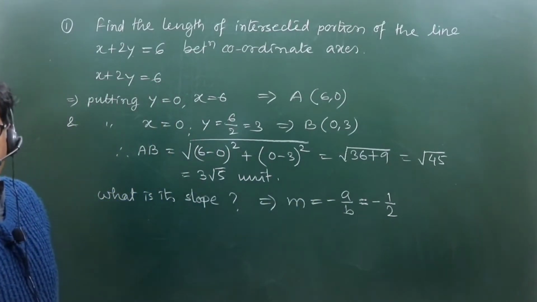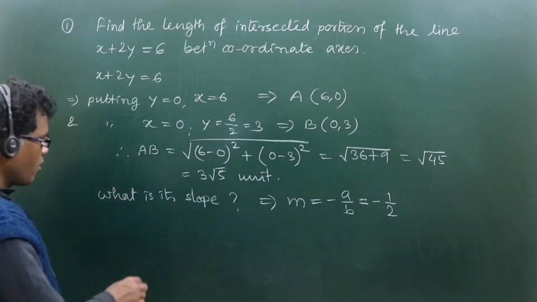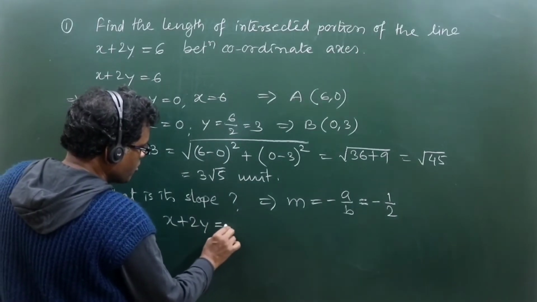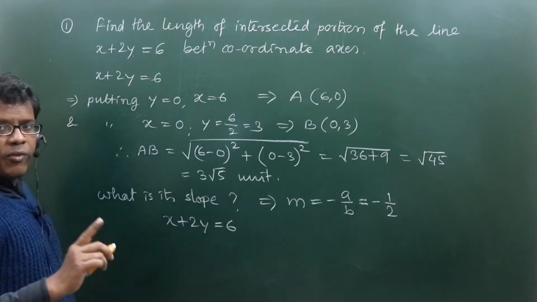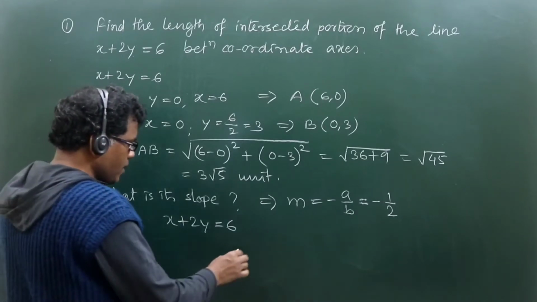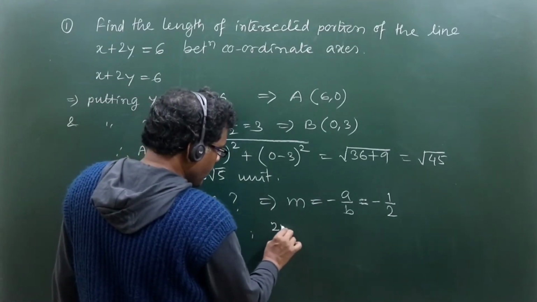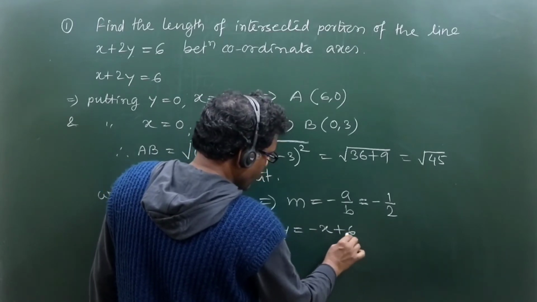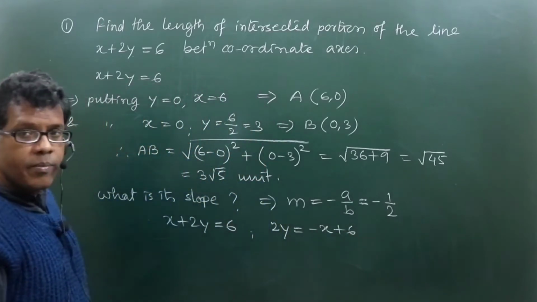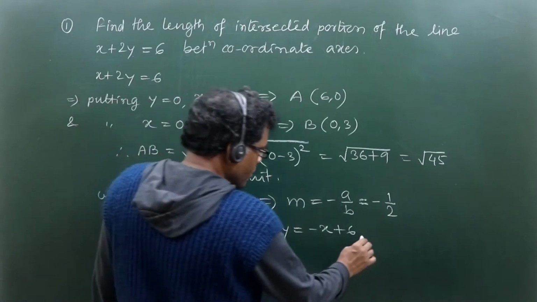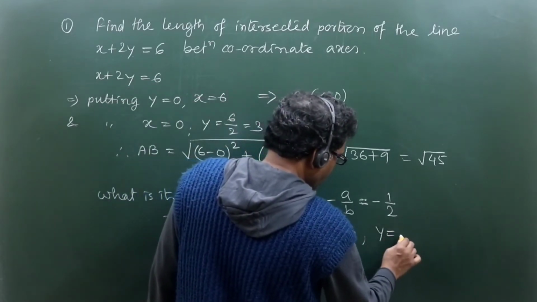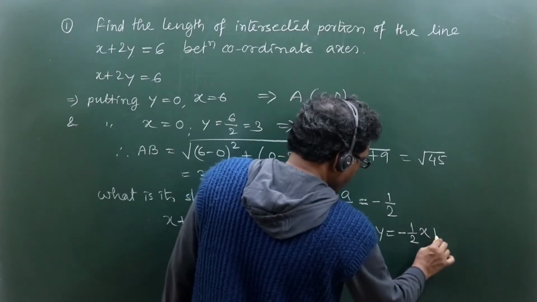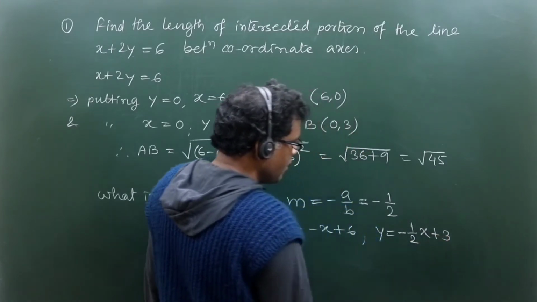Even if you want to transform this given line x plus 2y equals to 6 in the form of y is equal to mx plus c, then keeping the y part on one side, the x part taking to the other side, we can write y is equal to minus of 1 by 2 into x plus 6 by 2, that is 3.